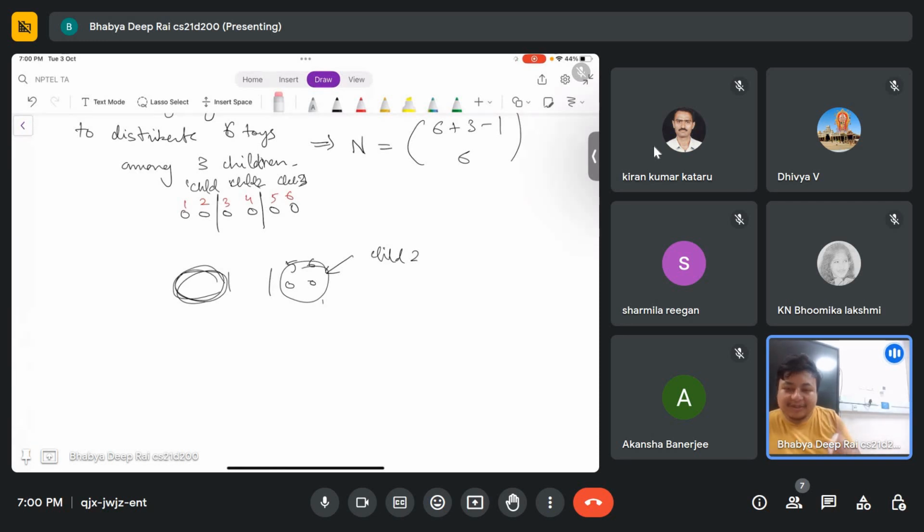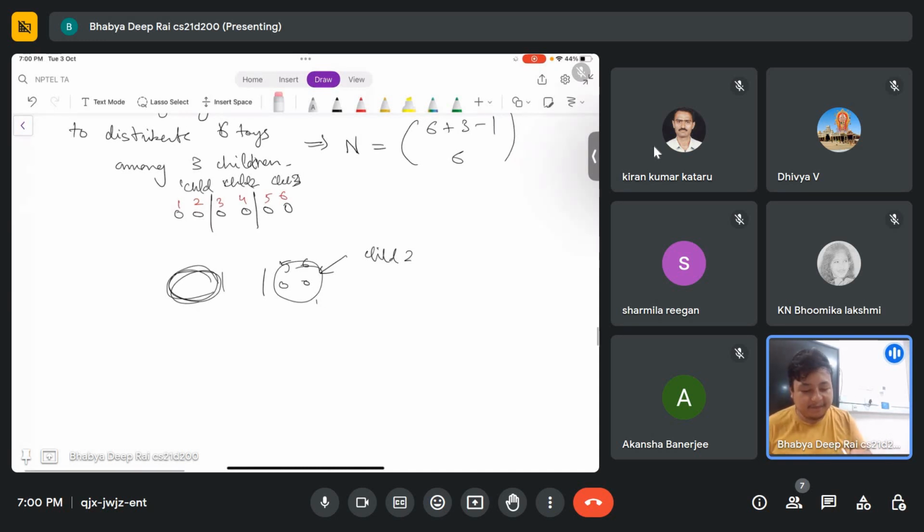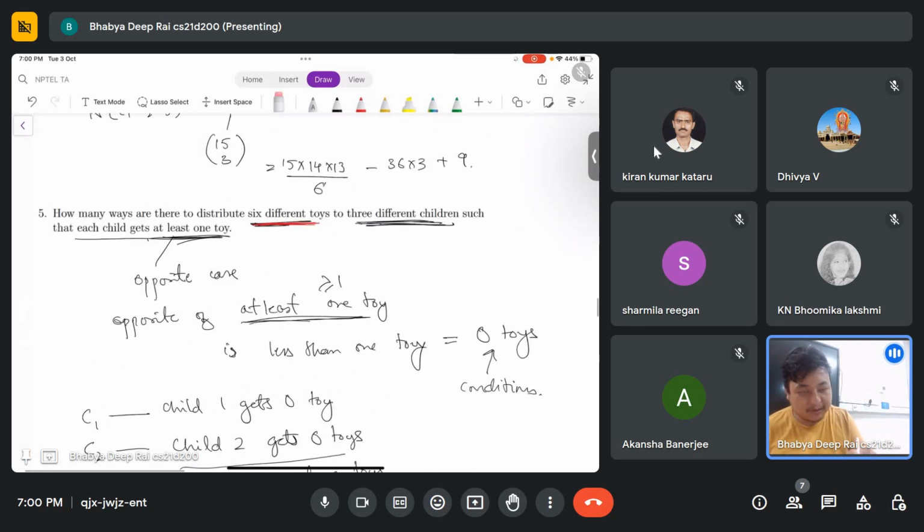If the stones are not identical, that is all the stones are distinct, then the count will not match. Sharmina, if here instead of different it was written identical, then we can use stars and sticks and stones.